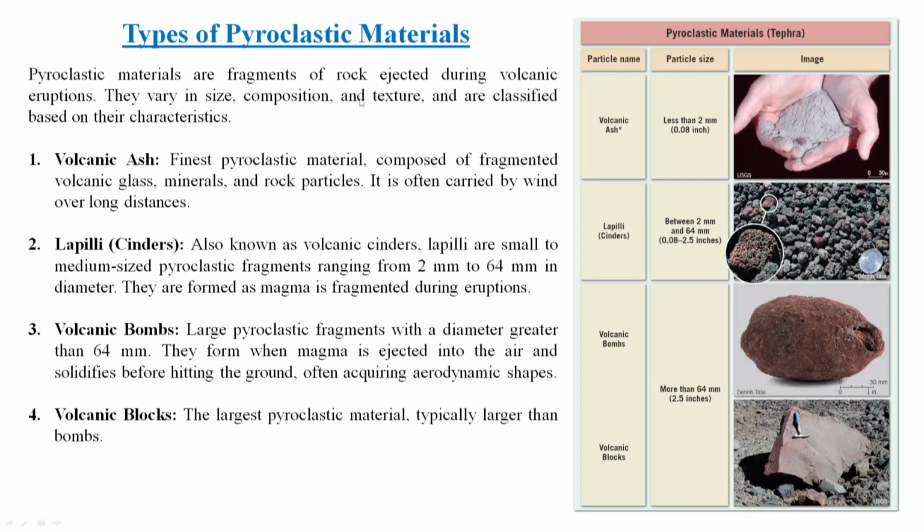After deposition, this is followed by simple sedimentary processes of lithification or compaction. These pyroclastic materials can also form rocks like tuff and ignimbrite. There are some volcanic rocks strictly formed due to deposition of pyroclastic materials.